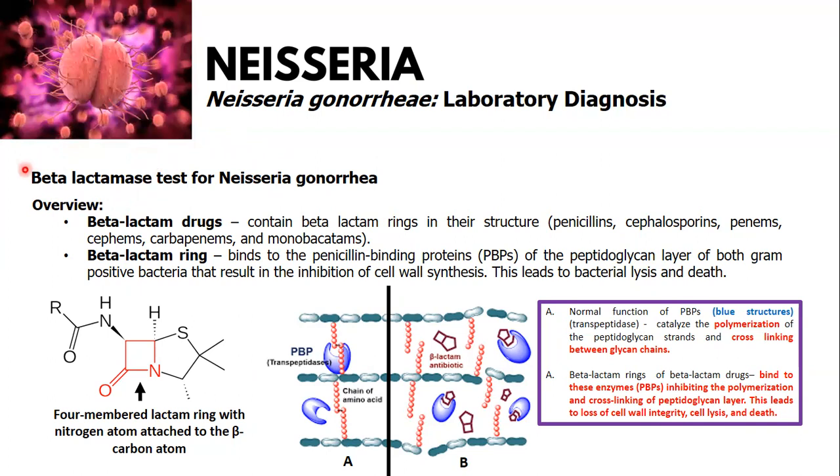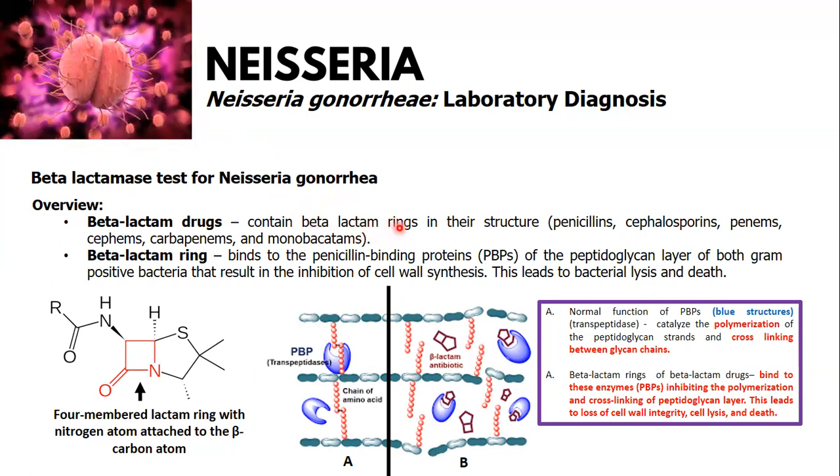So to understand this test, we should learn first what is beta-lactam and what is the beta-lactam ring. When we say beta-lactam drugs, these are antibiotics that contain a beta-lactam ring in their structure.